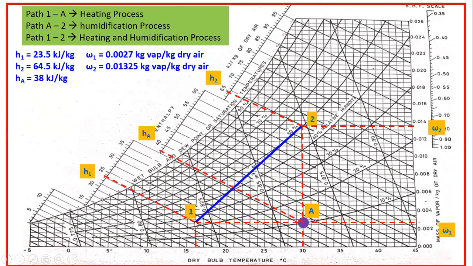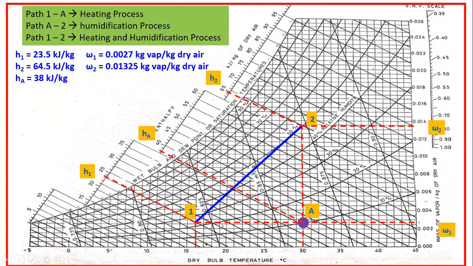Now, how is the process from 1 to 2 achieved? It is reached by two processes: one is a heating process and another is a humidification process. Heating is sensible heating.